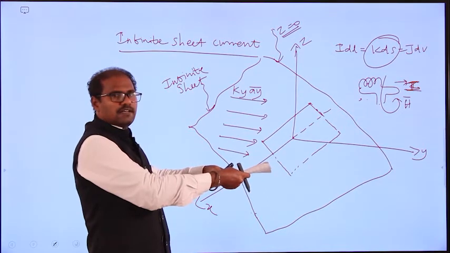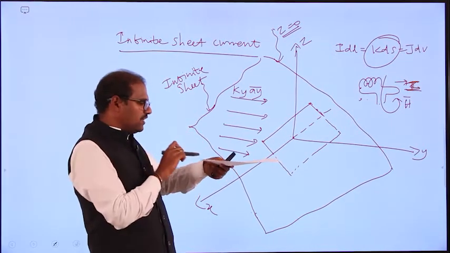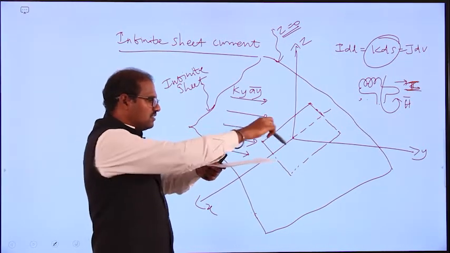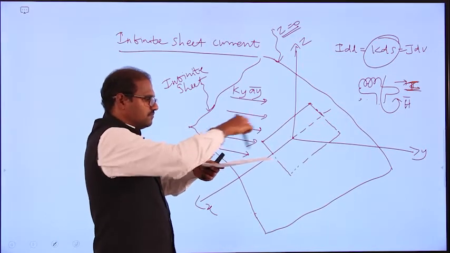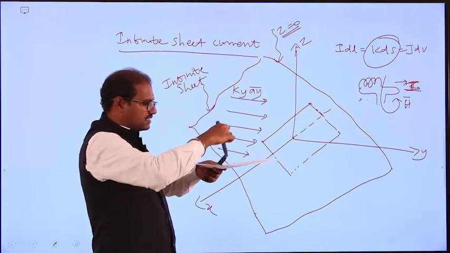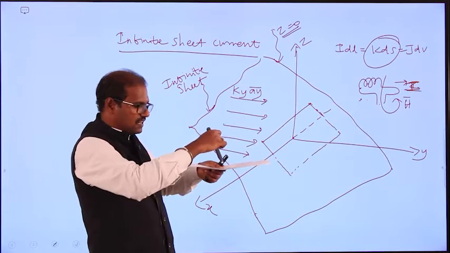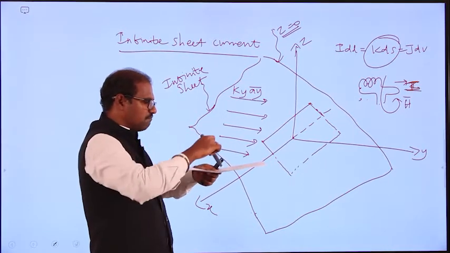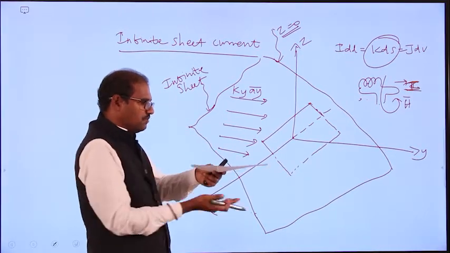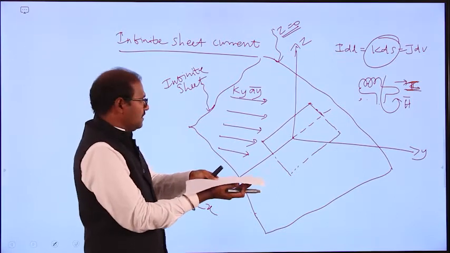In that xy plane, the current is moving this side. This is called the y direction. This is called the x direction, plus x, minus x, plus y, minus y. We can call this the xy plane.